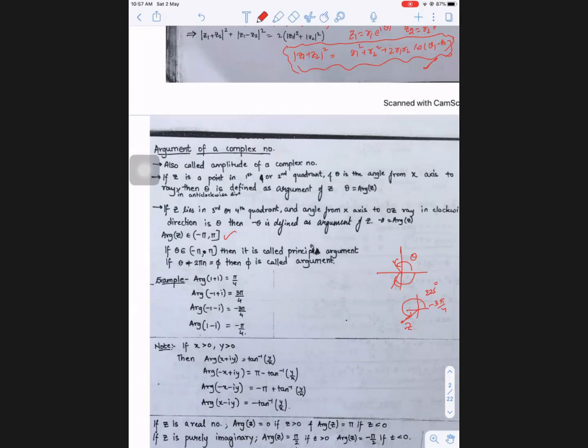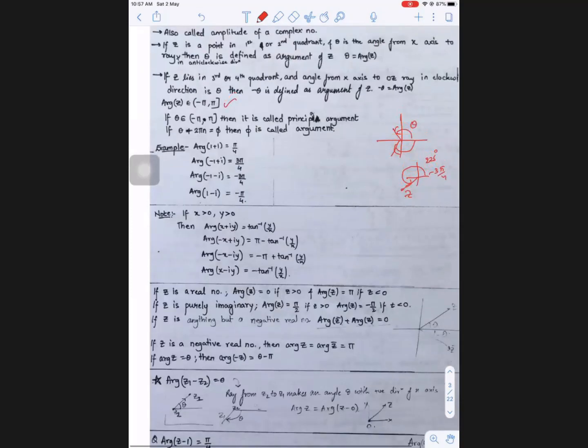So principal argument wise, first and second quadrant will be positive, and third and fourth quadrant will give a negative result. If you want to write the formula, here I gave formulas. Directly, the principal argument formula is, if x and y are positive, in the first quadrant, it is tan inverse of y by x. In the third quadrant it's minus pi plus tan inverse of y by x.